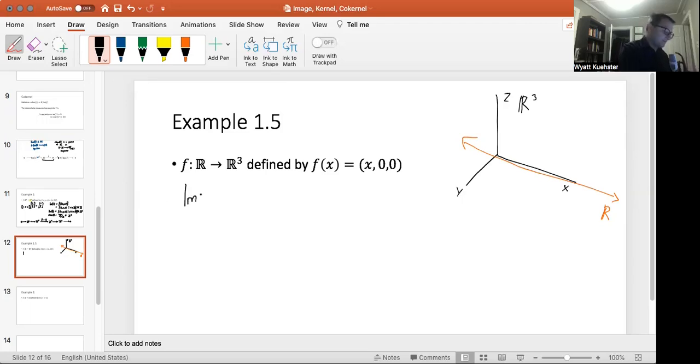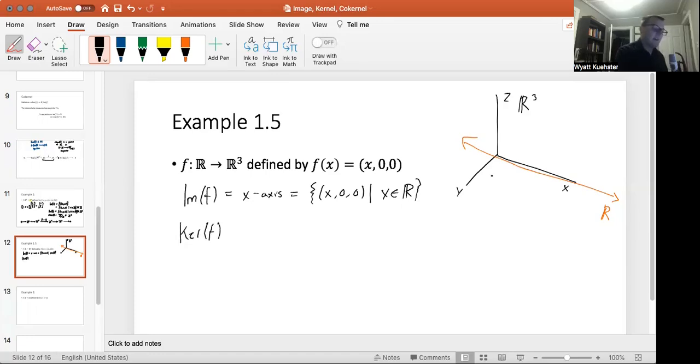So the image of f is the x-axis. It's also all the things of the form (x, 0, 0), but this time where x is in R. The kernel, what's the kernel? What things go to 0? Well, anything that's on the YZ plane, everything on this plane will go to 0.